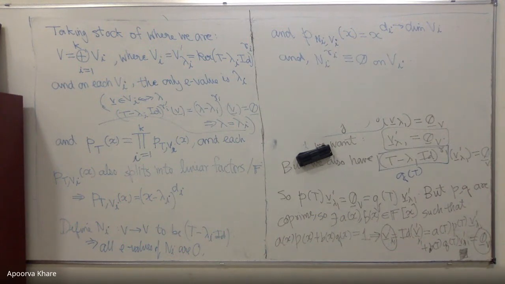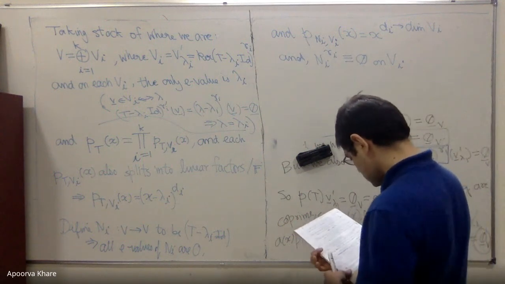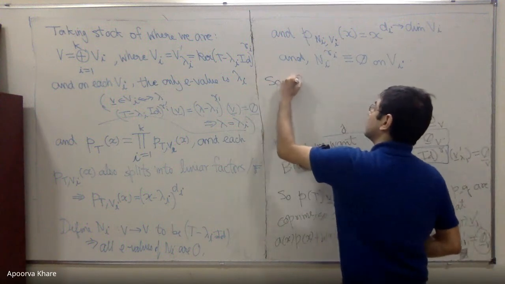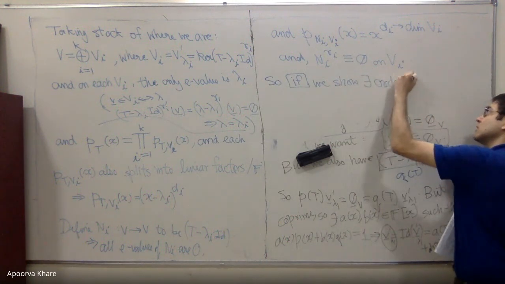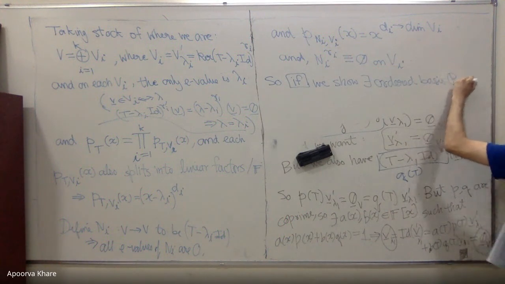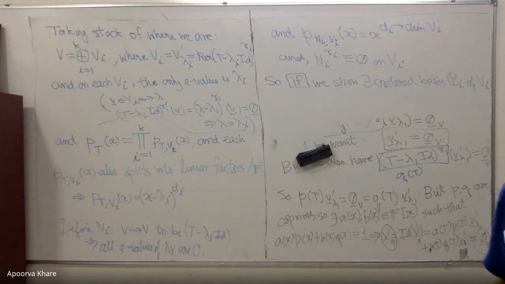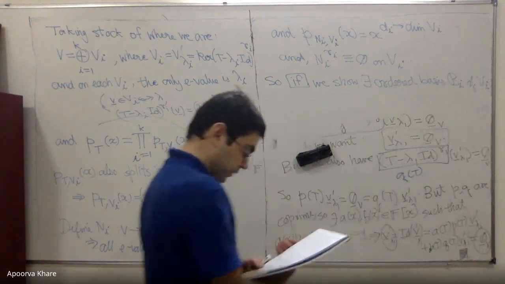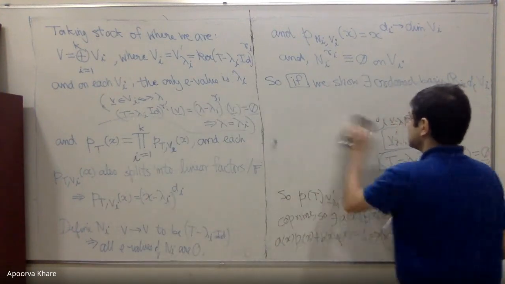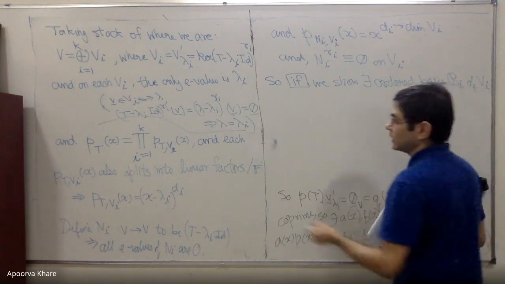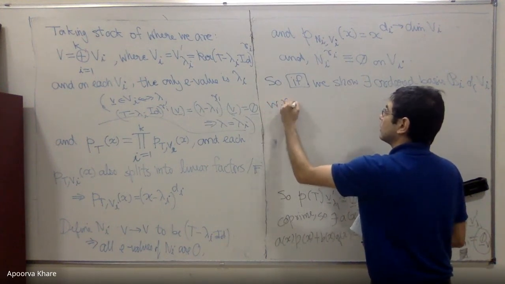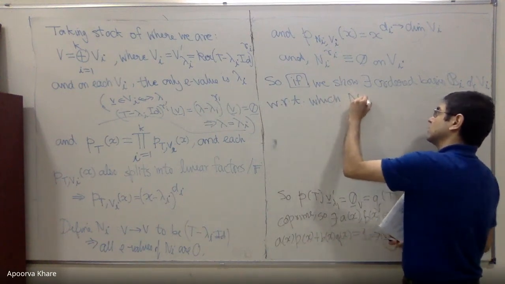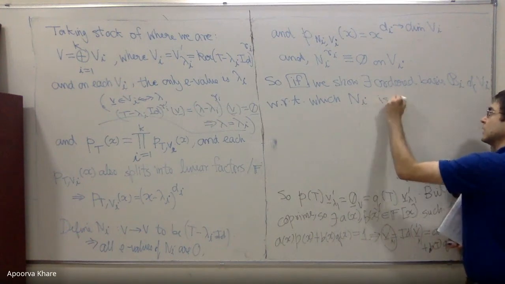So if we can show that there exists an ordered basis, let's call it B_i, of V_i, so if we can show that every one of these subspaces V_i has an ordered basis with respect to which N_i is in Jordan canonical form, and by Jordan canonical form we mean with zeros on the diagonal, because those are the eigenvalues, then N_i is in Jordan canonical form.